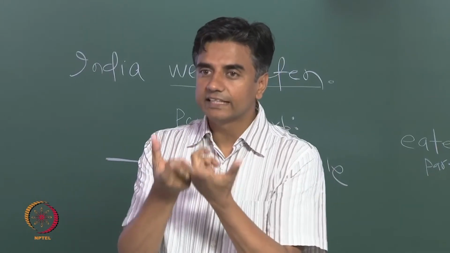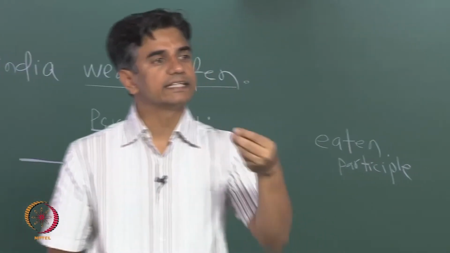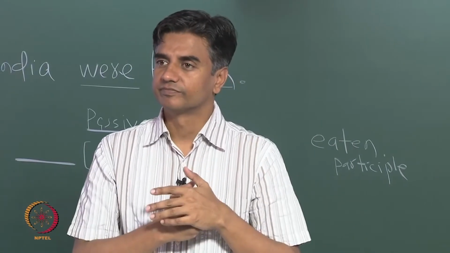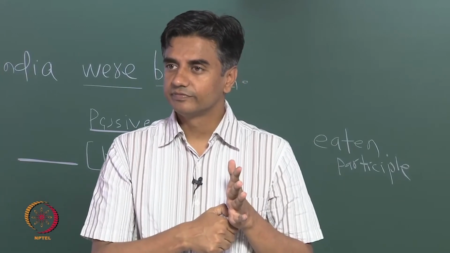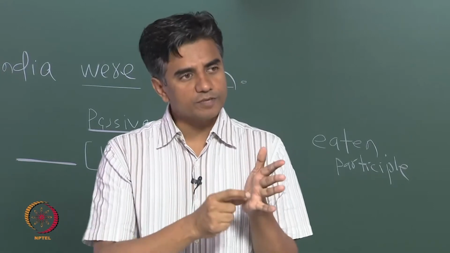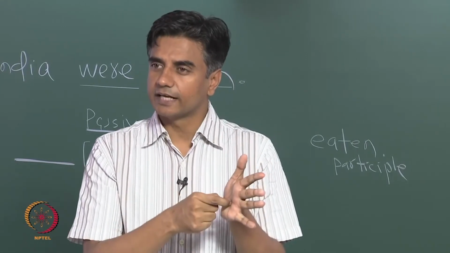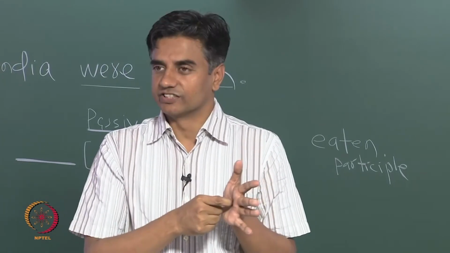Any NP that comes in the subject position of an active verb probably gets an agent theta role, right? When we say John runs, is John an agent? It's an agent, right? So most of the time, the subject NP, depending upon the nature of the verb, becomes the agent.